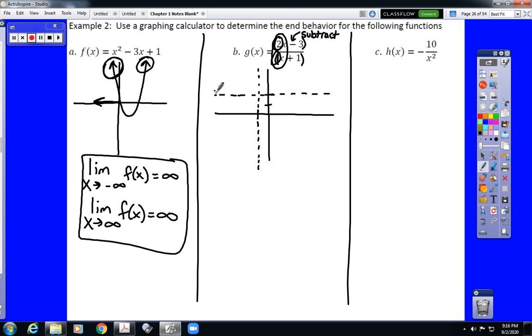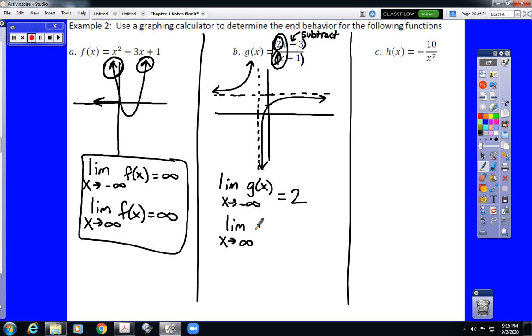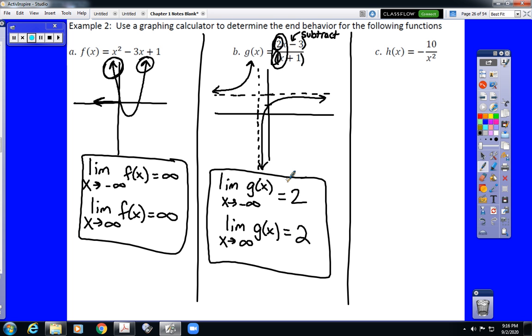So the graph is going up and out, and then it's coming back in low and going back out again. So our limit of g of x as x approaches negative infinity is 2, and our limit as x approaches positive infinity of g of x is also 2. It is approaching 2 on both ends.